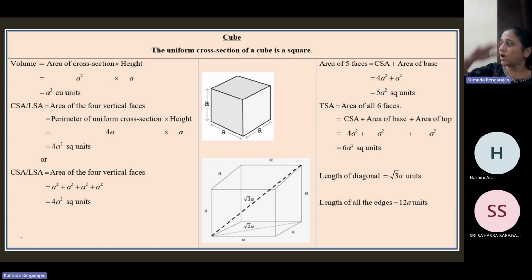And you stack them to a height of 5 centimeters. You stack these square shaped papers to a height of 5 centimeters.